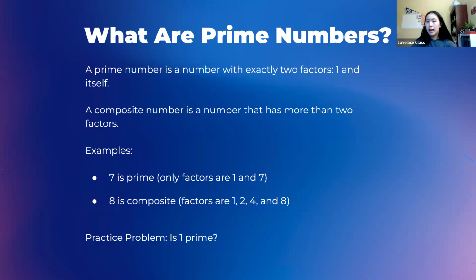For example, 7 is a prime number because only 1 and 7 are its factors. But 8 is a composite number because it is divisible by 1, 2, 4, and 8. That's 4 factors. We can start from the number 2. 2 is a prime number because 1 and 2 divide it. But all other even numbers aren't prime because they are divisible by 2.